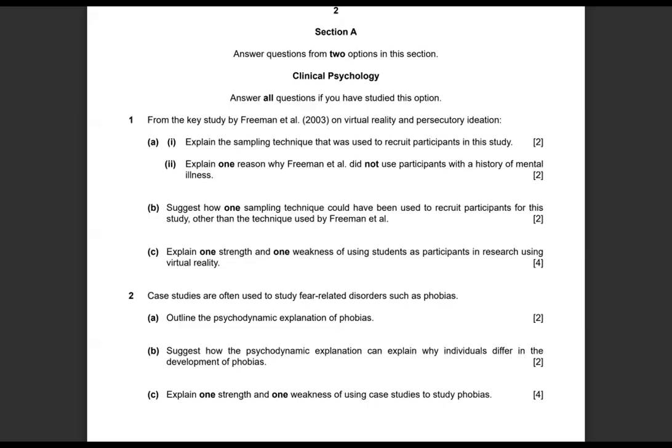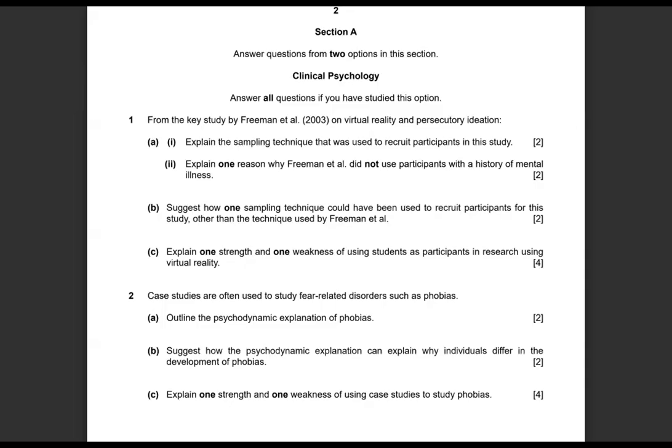So what are you required to know for your research methods for A2? I would highly recommend that you focus a bit on the sampling techniques, their strengths and weaknesses, the experimental designs and their strengths and weaknesses. You may remember those one-tail, two-tail hypotheses in AS. Brush up on that.